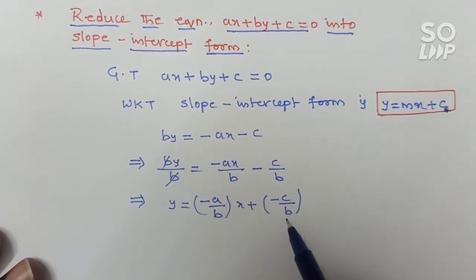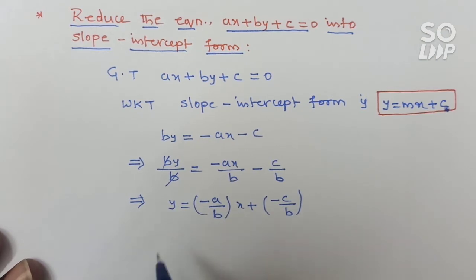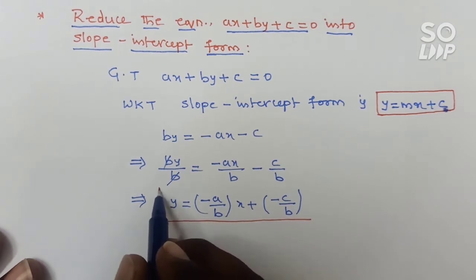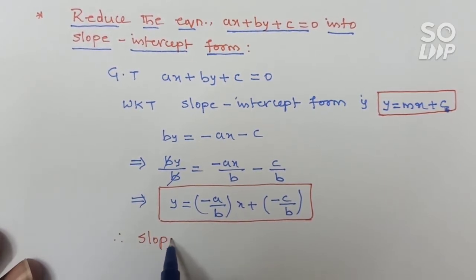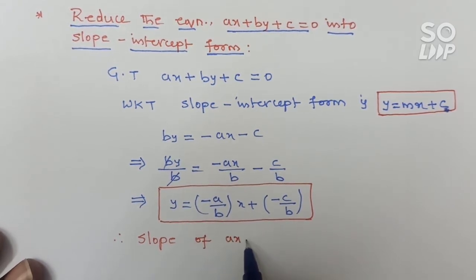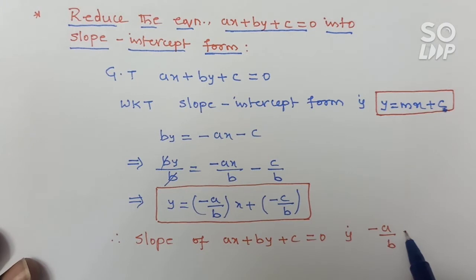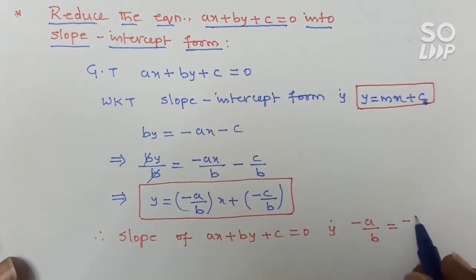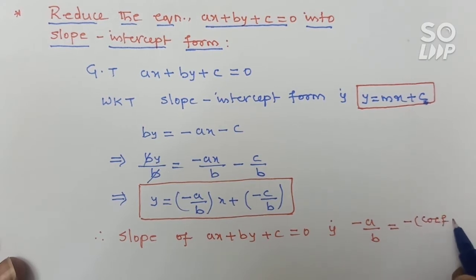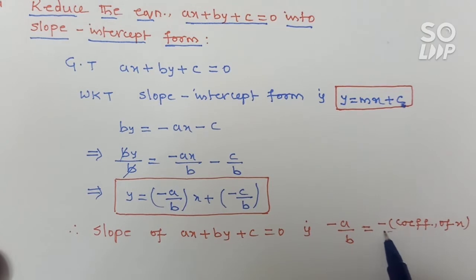Therefore, the slope of ax + by + c = 0 is minus a by b, that is, minus of the coefficient of x divided by the coefficient of y.